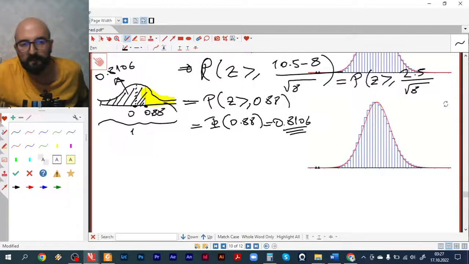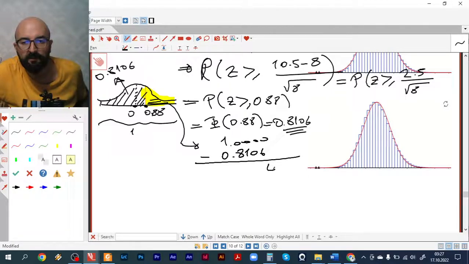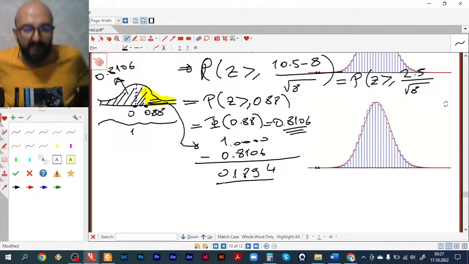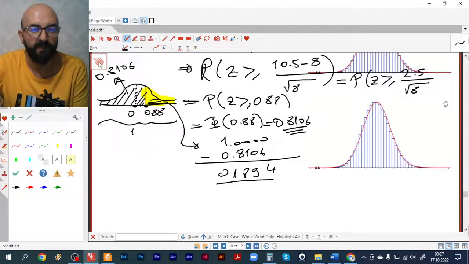But we want the small area, because greater than or equal to 0.88 means the small area. So we should find 1 minus 0.8106, which is 0.1894.